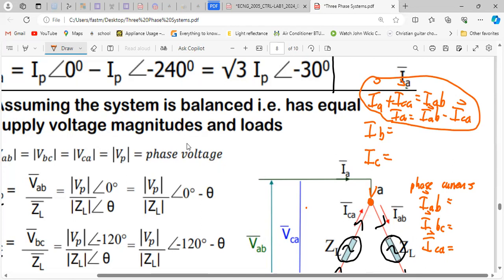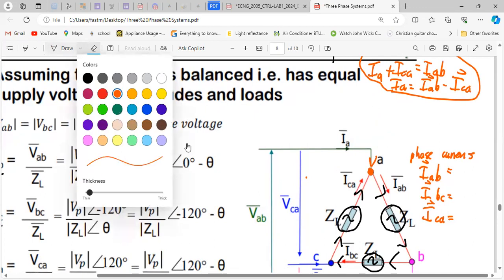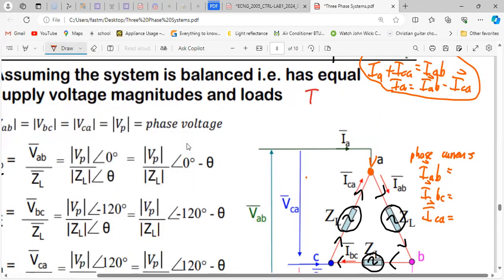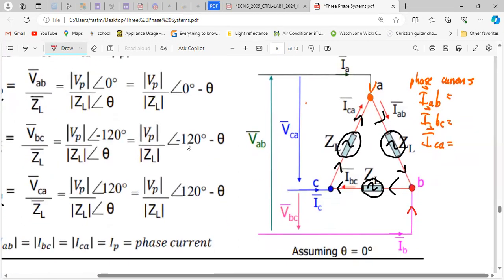All right, and this one here is for IB, the same idea, right? So looking at the B node, so you go down to the IB node, this one here. We know IB is going in.